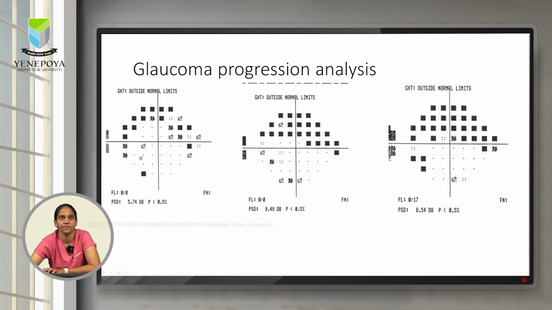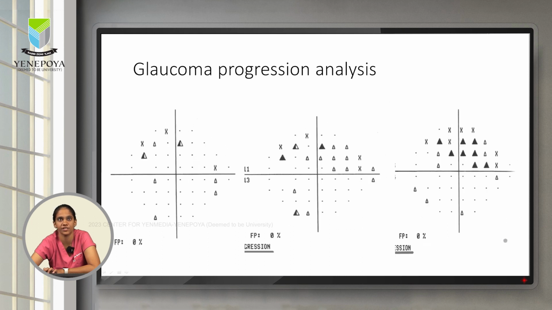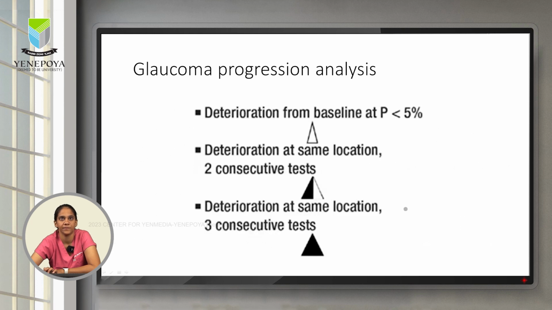If you see this, you can see Anderson's criteria is fulfilled in almost all 3 of them. Pattern standard deviation also is on the rise, right? Okay, here comes the important part. So this probability plot will tell you about possible progression and likely progression, and then this is your GPA.